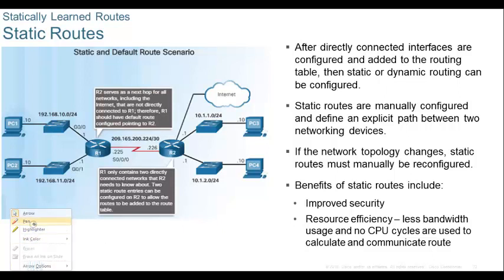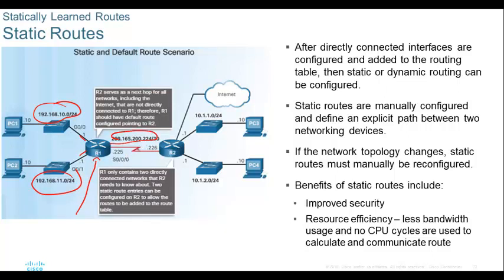For example, you see, this router 1 will know about 192.168.10.11 because they're connected directly, and 209.165.200.220. So this router 1 knows only about these 3 networks. Router 1 will not know about 10.11, 10.12.